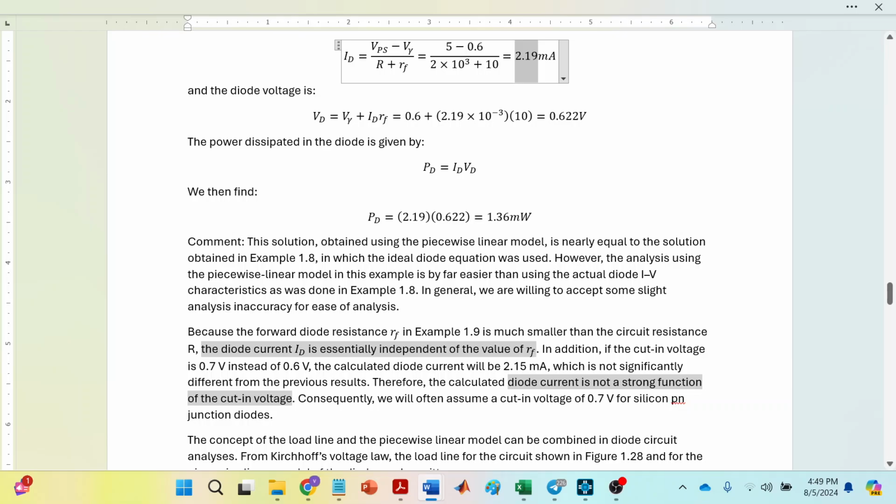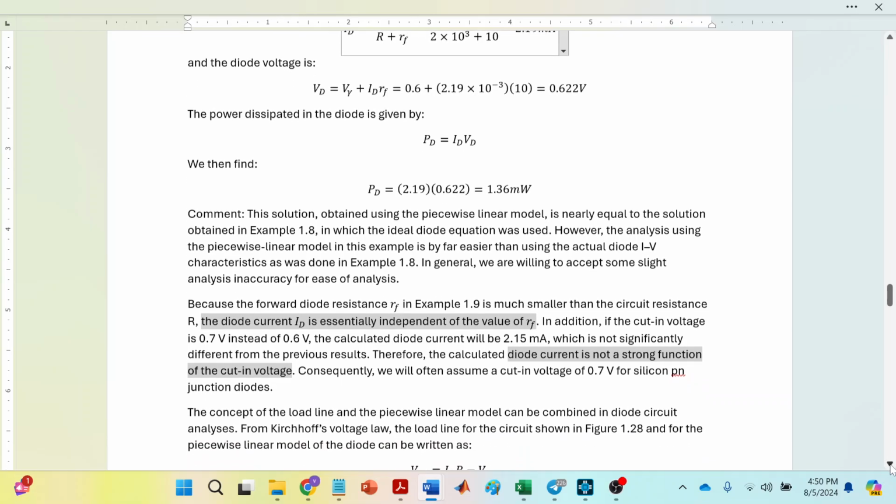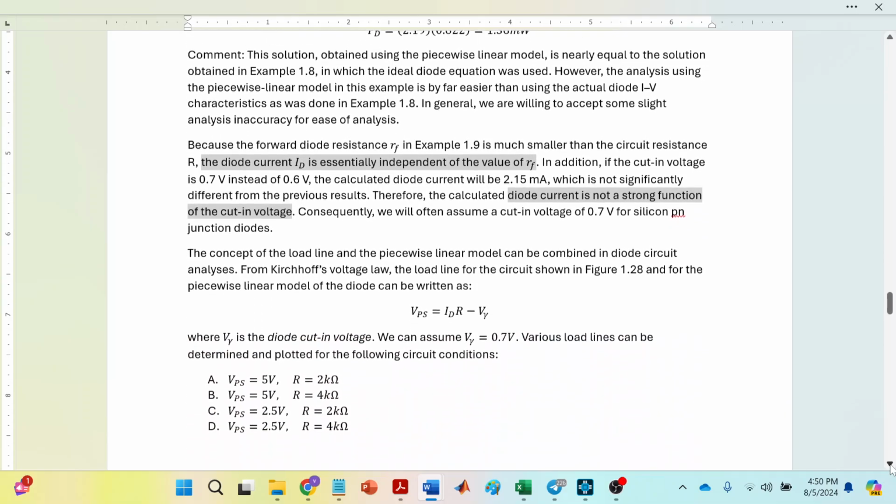So what this means is that the current is not really a strong function of the value of this V gamma. So we normally assume a cut-in voltage of 0.7 volts for a silicon PN junction diode.